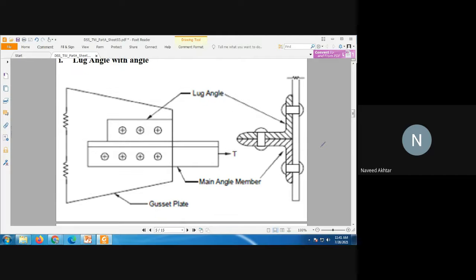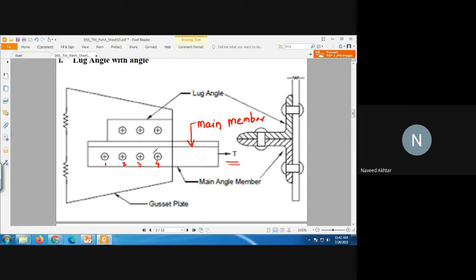You are seeing on the figure that this is your main member, and it is the angle. This one is the main member. It is connected with, you can see, 1, 2, 3 and 4 bolts, but as per the force or tension available on this, it requires a total of 7 bolts.